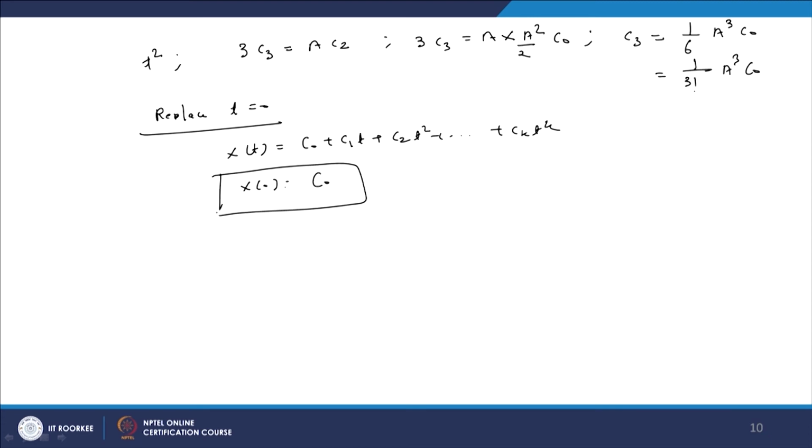So, now we have got the values of x naught, C0, C1, C2, C3, and assume that we got up to Ck. Now, we replace all these elements in the given equation, and now we will see what results we will get.